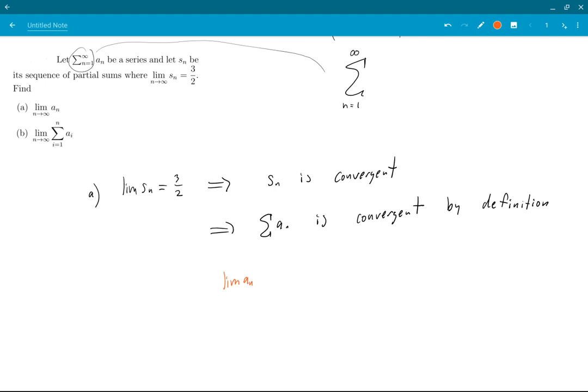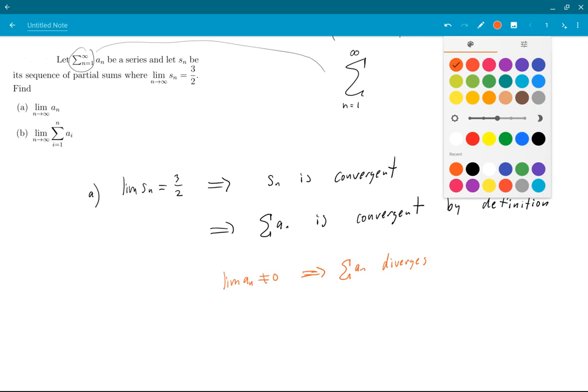Limit of An not equal to 0. That would imply that summation An diverges, right? But what if I negate both sides?